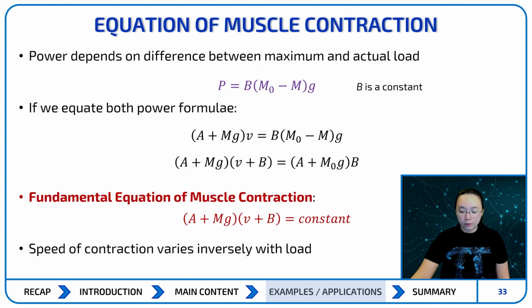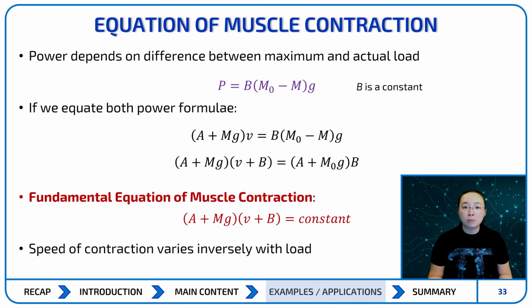Okay, so based on this graph, A.V. Hill saw that the power developed by the muscle really depends on the difference between the maximum load the muscle can lift and the load that actually acts on it. So he created an alternative equation to represent muscle power, where P basically just depends on the difference between maximum and actual load.